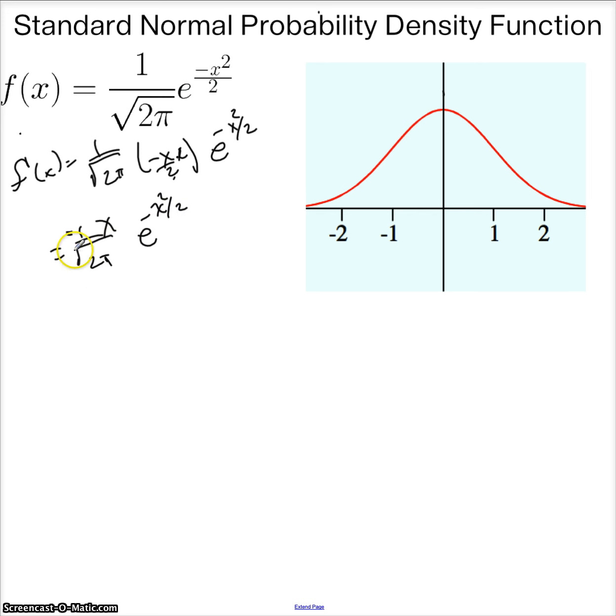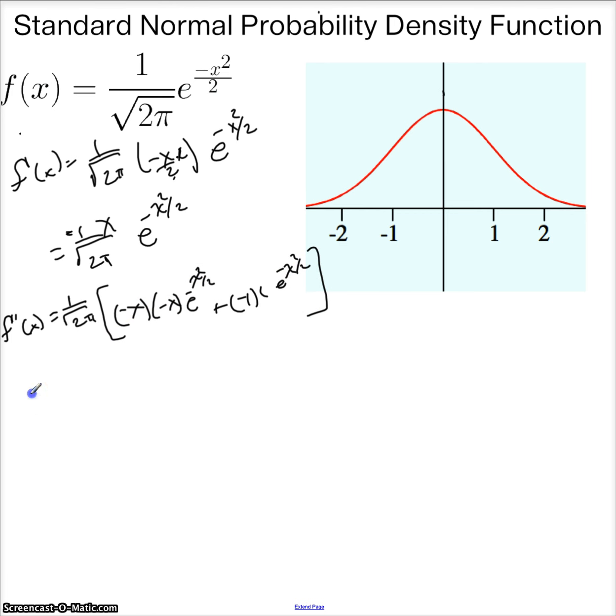All right, straightforward. For inflection, I need the second derivative. So this is 1 over the square root of 2 pi times negative x times negative x e to the minus x squared over 2, plus negative 1 times e to the minus x squared over 2.